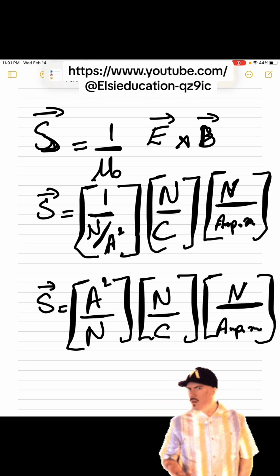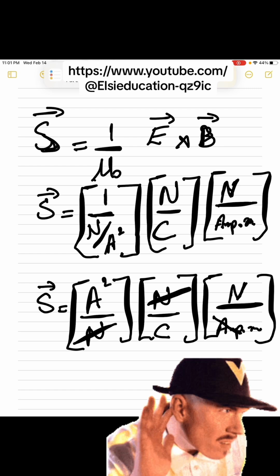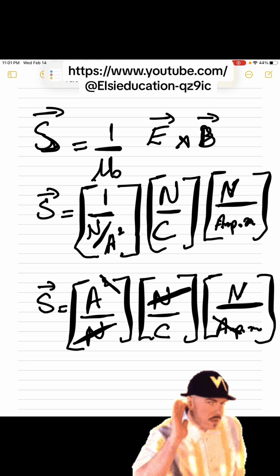Now we can start to cancel out some of the units. Newton and Newton cancel out, and the amp and the amp squared.